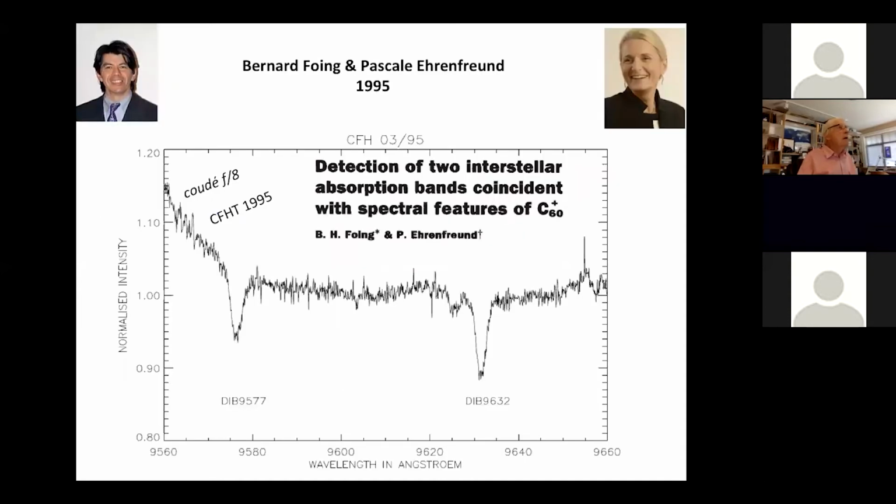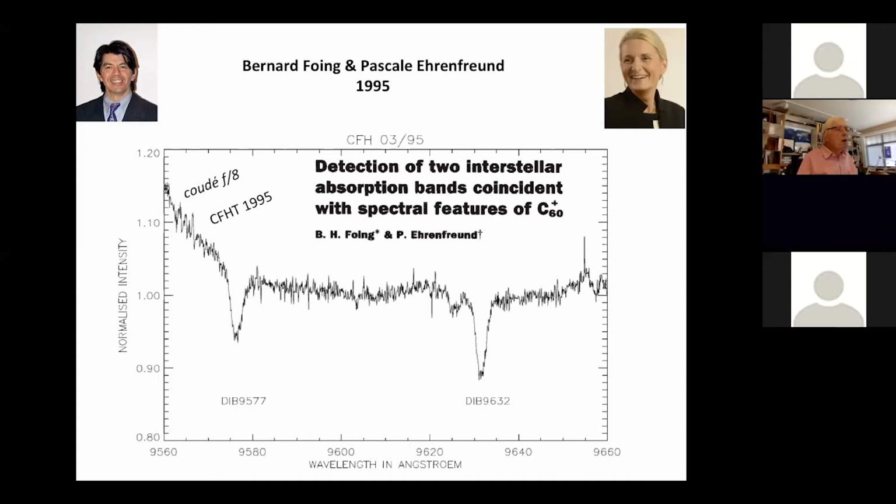And Bernard Foing and Pascale Ehrenfreund picked up on this idea somewhat later and pointed out that if C60+ was or is a source, then there should be a couple of strong diffuse interstellar bands close to 1 micron, or around 9600 angstrom.